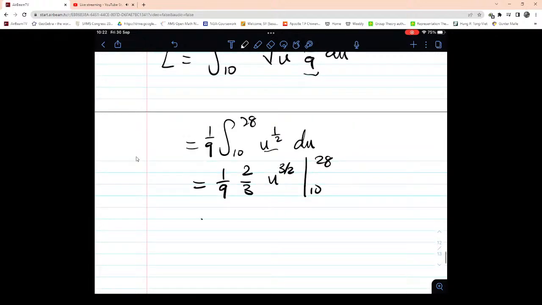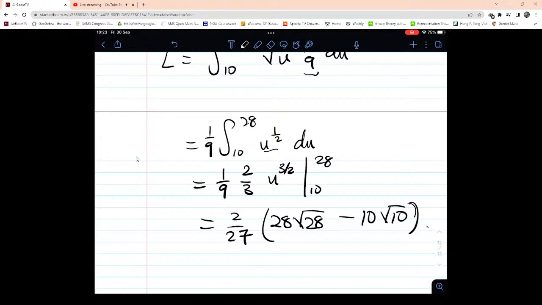Then we put in our 28 and 10, and we get 28 root 28 minus 10 root 10, and that is our solution. That's how we do this.